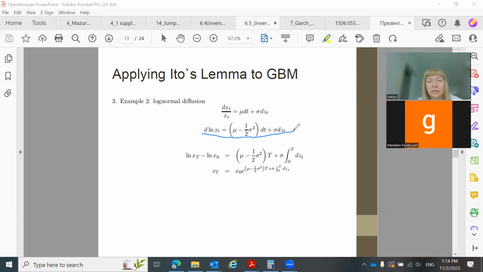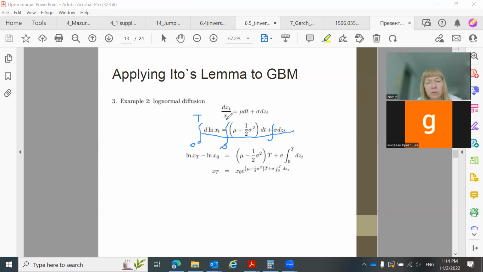After that we would like to integrate this from 0 to t capital.